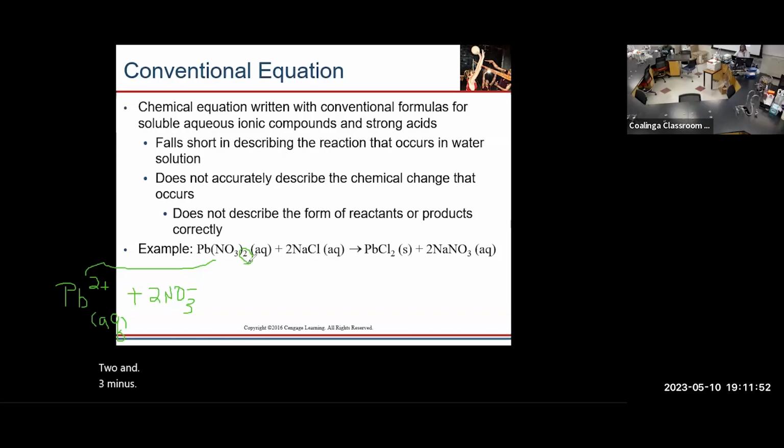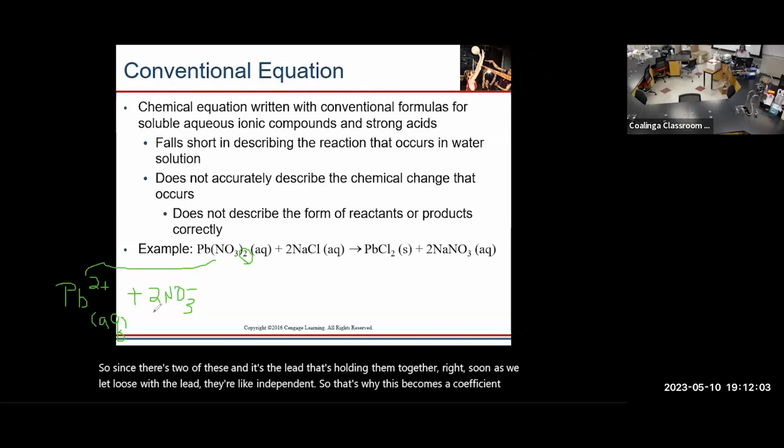So since there's 2 of these, and it's the lead that's holding them together, right? As soon as we let loose with the lead, they're like independent. So that's why this becomes a coefficient in front.